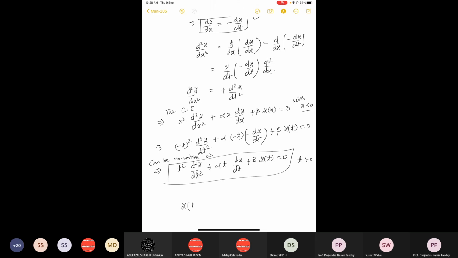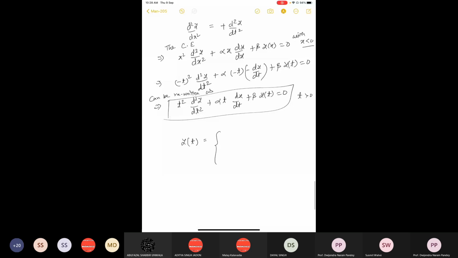Depending on the form, I can write c1 t to the power r1 plus c2 t to the power r2 when we have distinct solutions, and c1 t to the power r plus c2 t to the power r ln t for the repeated root, or c1 t to the power a cos of b ln t plus c2 t to the power a sin of b ln t, right?